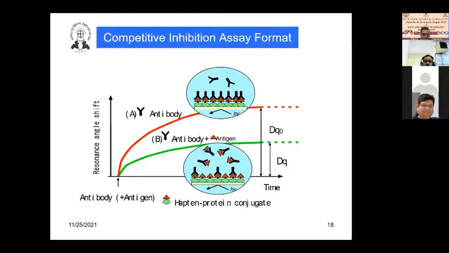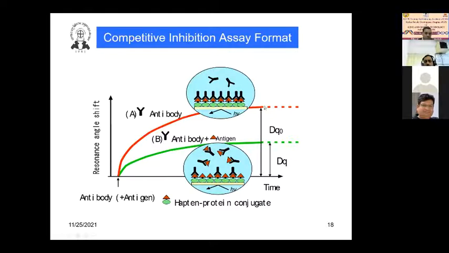That's what we are showing: how the competitive inhibition assay can be done. In this inhibition assay, you put one set of the detection molecules on the surface, and you put your antibody. Then you see there is a higher response when it is antibody alone.